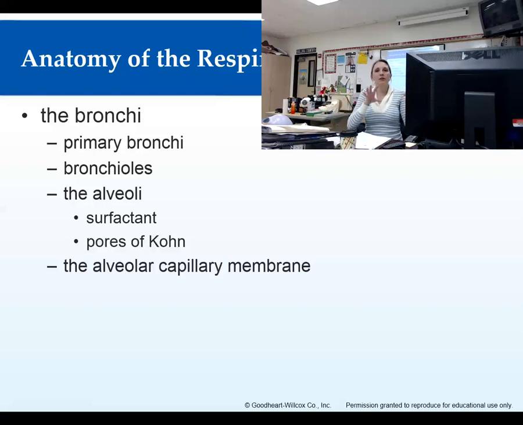So the conducting zone is where air just travels, not where it gets exchanged. Versus the respiratory zone of the lungs, these are the respiratory bronchioles, the alveolar ducts, and the alveoli. These are areas where gas exchange actually takes place. And they just get smaller and smaller as you go.